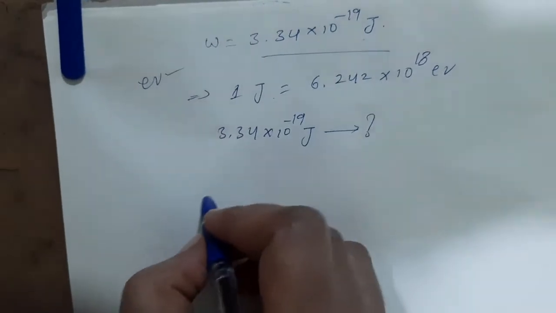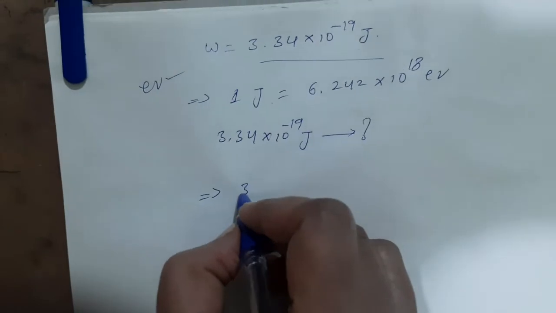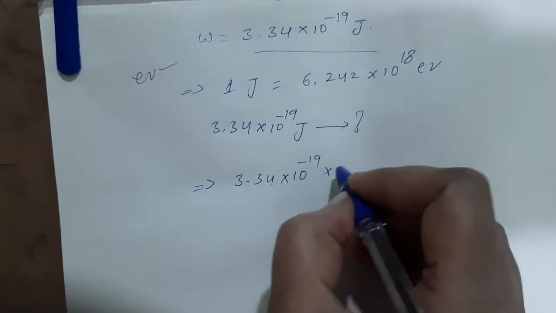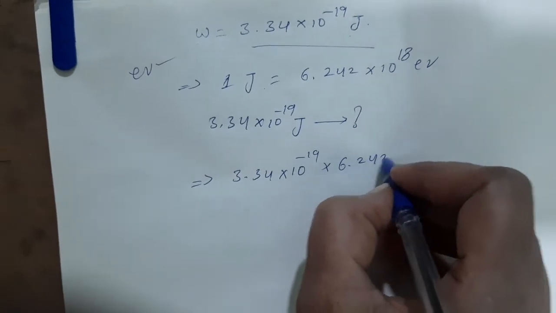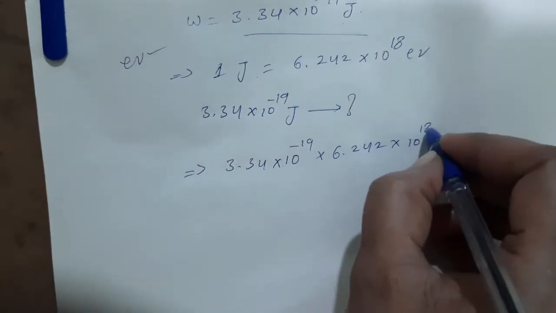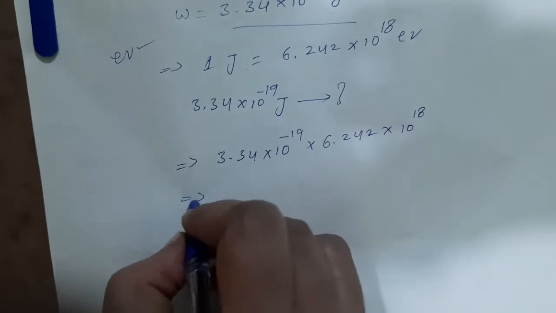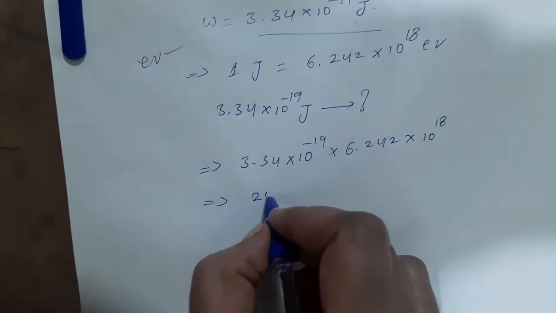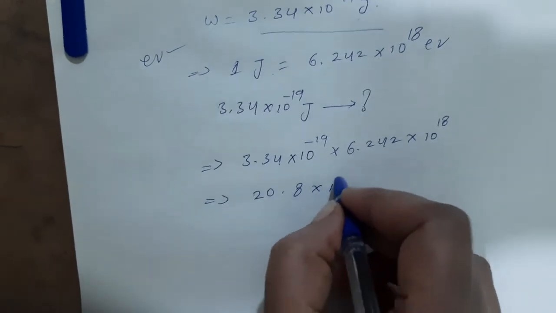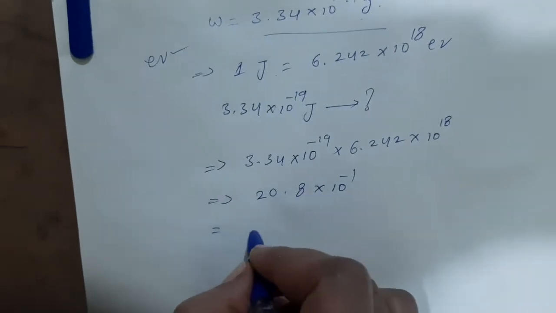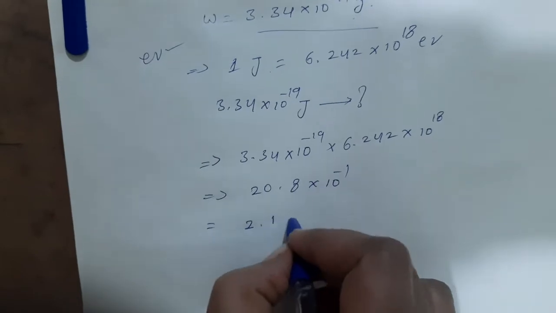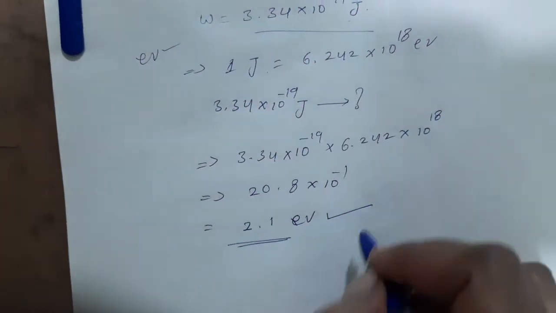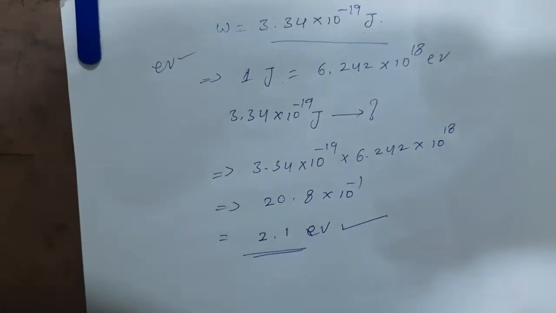Simply, 3.34 into 10 power minus 19 into 6.242 into 10 power 18 electron volts. By multiplying these two, we get 20.8 into 10 power minus 1. So that is simply 2.1 electron volts. So this is the answer. Clear?